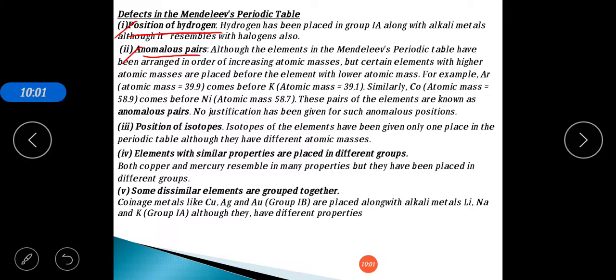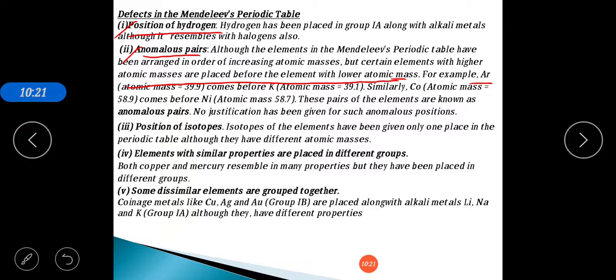Anomalous properties, anomalous pairs. Although the elements in the Mendeleev periodic table have been arranged in order of increasing atomic masses, certain elements with higher atomic masses are placed before elements with lower atomic masses.